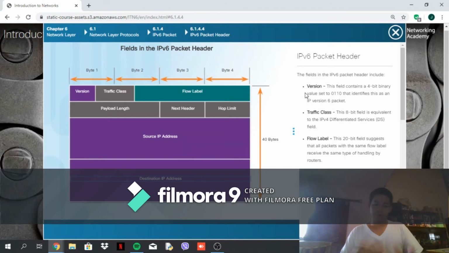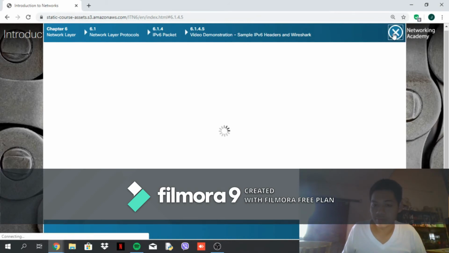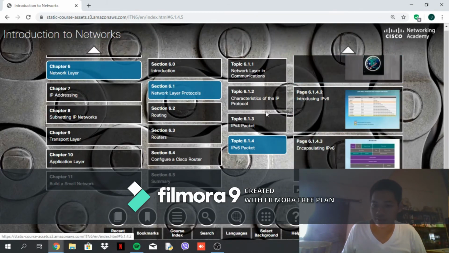So more of a protocol type combination, like here. Oh, it's not here.